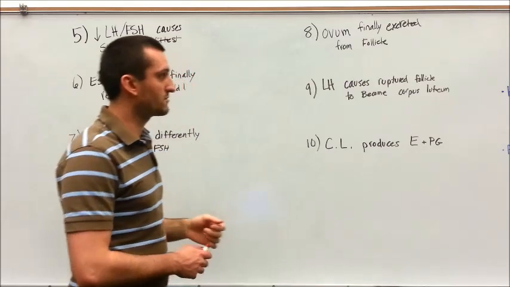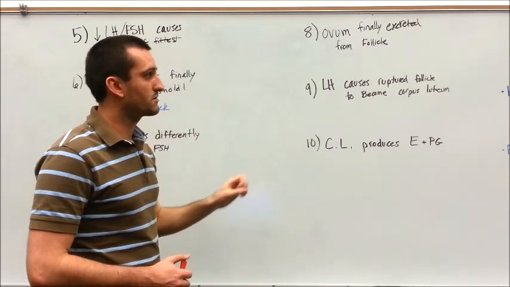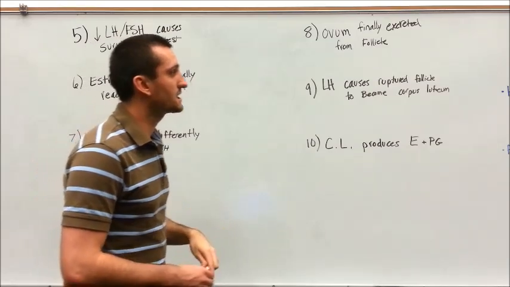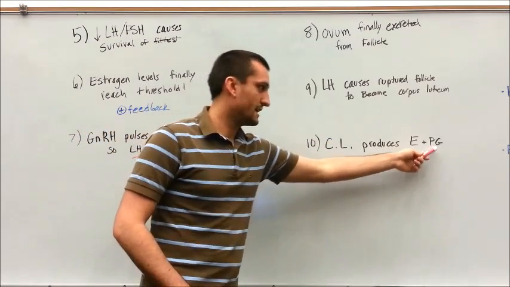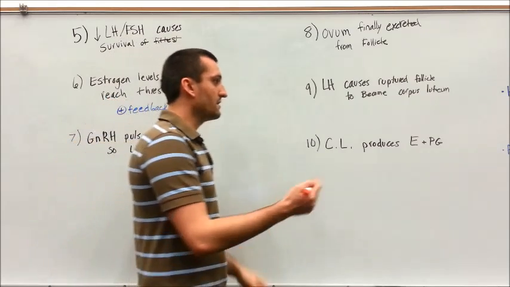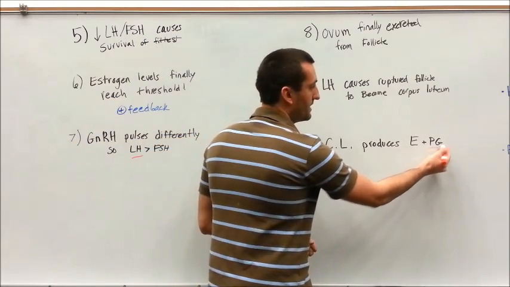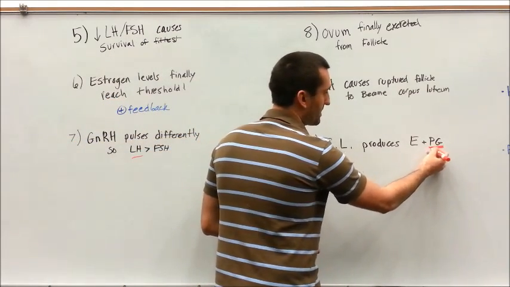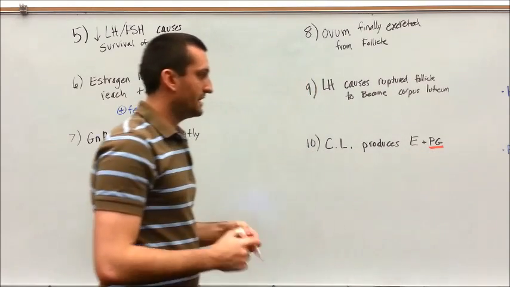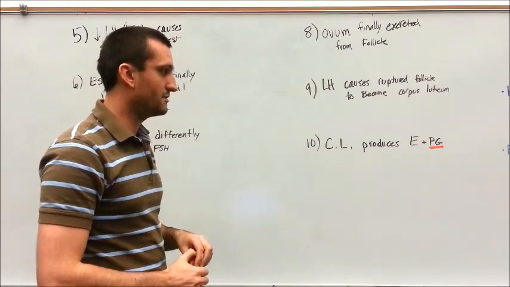And that's going to be an endocrine gland, a temporary gland within that ovary. That's going to produce estrogen and progesterone. As a reminder, the progesterone is going to be secreted primarily due to that LH surge, and that's going to cause the differentiation and maturation of that endometrial layer.